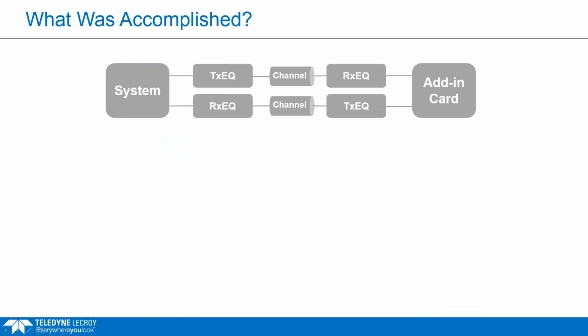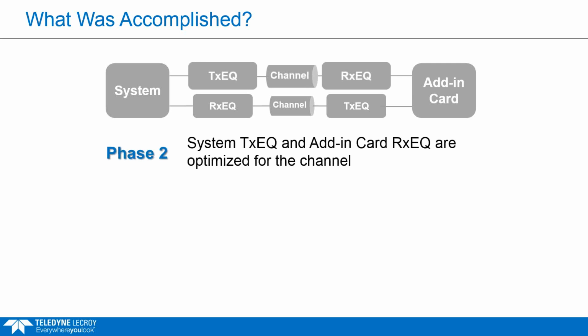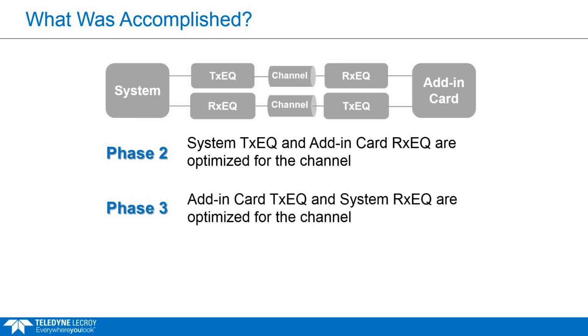So, we went through this long, pretty complicated process, and what did we accomplish? Well, in phase 2, we picked the optimal TXEQ setting for the system and RxEQ setting for the add-in card. And in phase 3, we picked the optimal TXEQ settings for the add-in card and RxEQ settings for the system. And those are both for that specific channel, right?